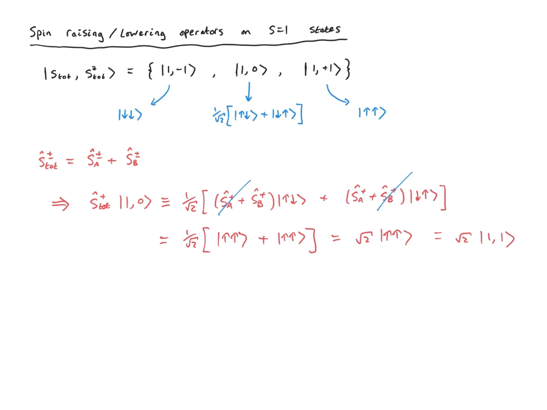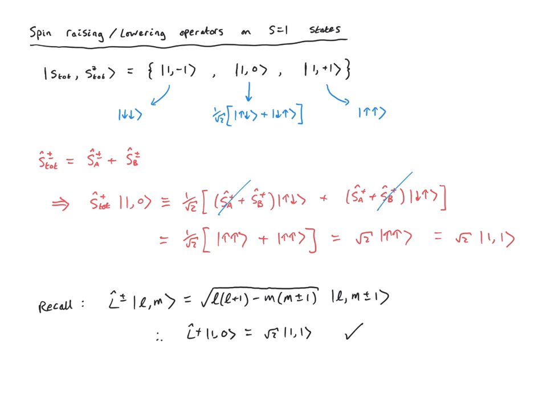That's actually consistent and correct in terms of the familiar rules of raising and lowering operators on generalized angular momentum states. Suppose I have angular momentum raising and lowering operators L plus or minus. If they act upon a state L, m, then I get a state L, m plus or minus 1 back again, multiplied by this coefficient.